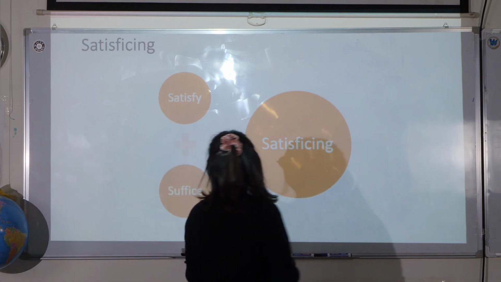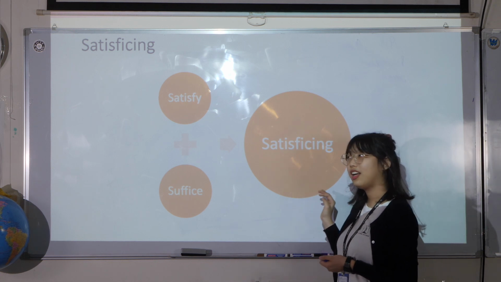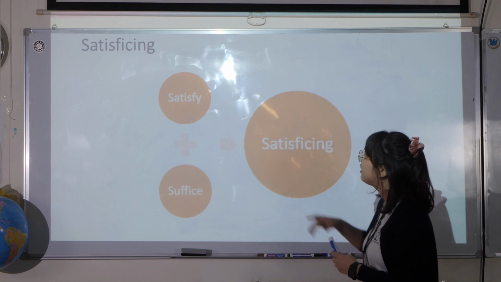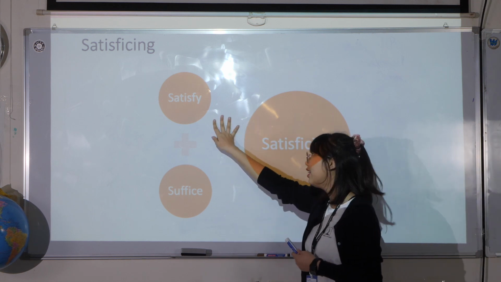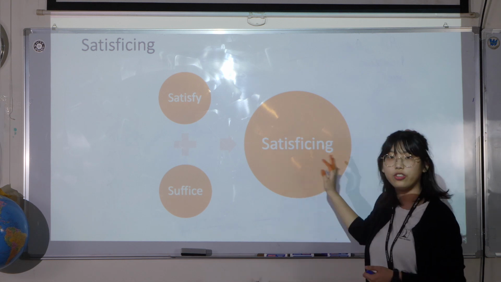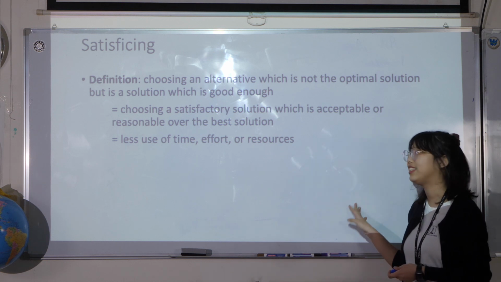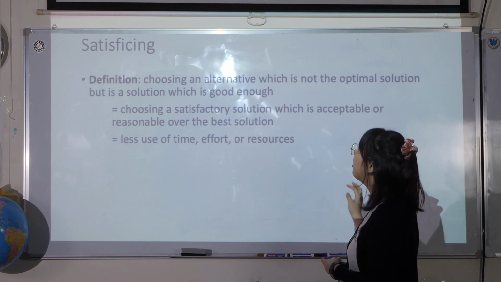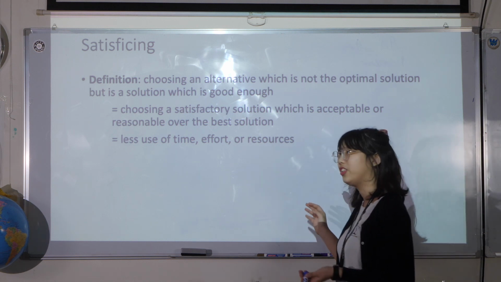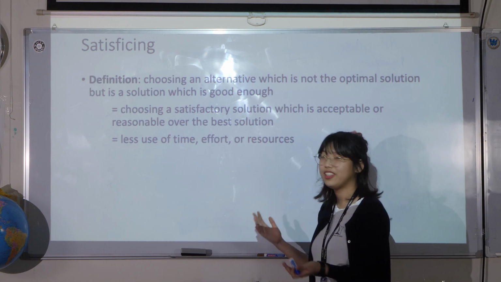The third, I guess, is satisficing. You guys may be unfamiliar with this word, satisficing. It is the combination of satisfy and suffice. Next I'll show you the definition. Satisficing is choosing an alternative which is not the optimal solution, but it is a solution that can satisfy and is good enough for everyone.